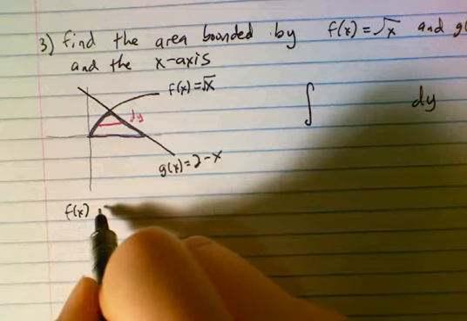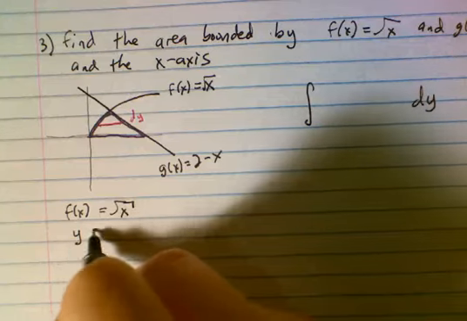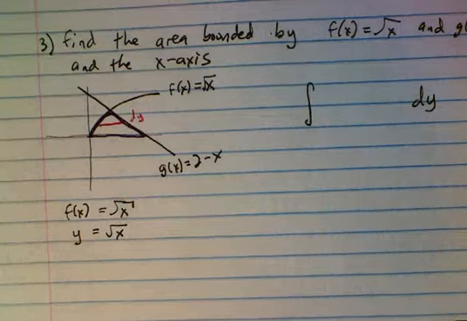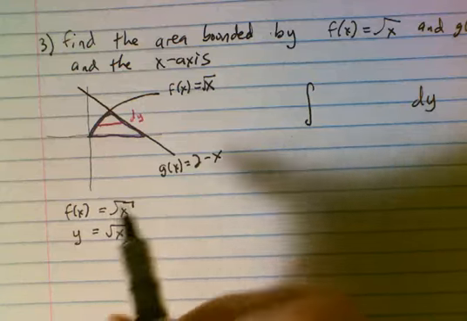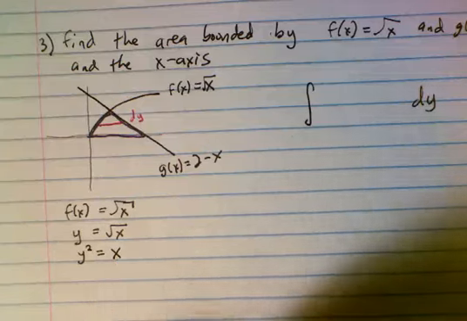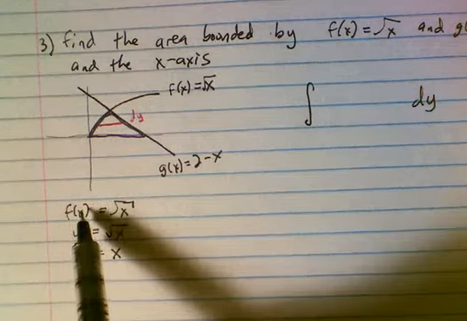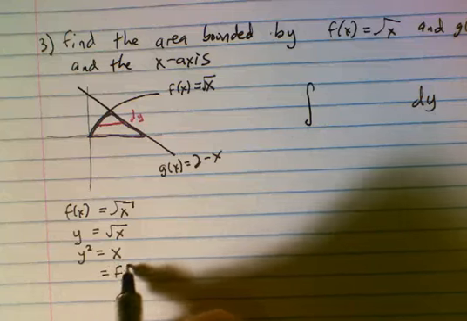F of x means y. So first I'm just going to replace that f of x with y. Now I'm going to get just an x over here. So I'm going to square both sides. And now, just like f of x was y, f of y is the same as x.